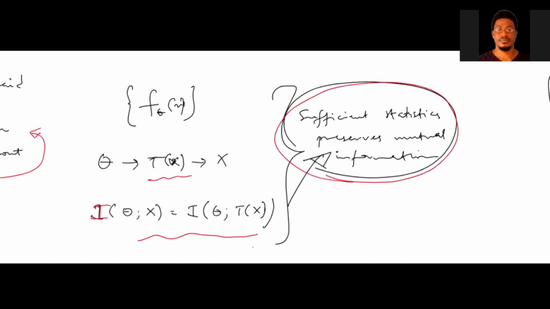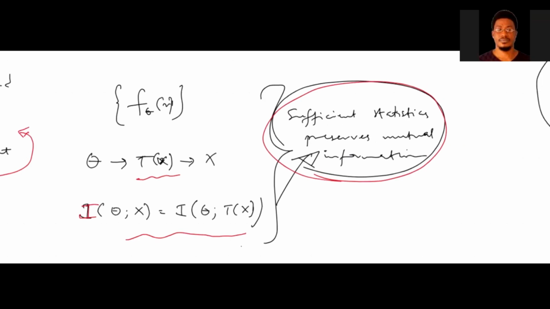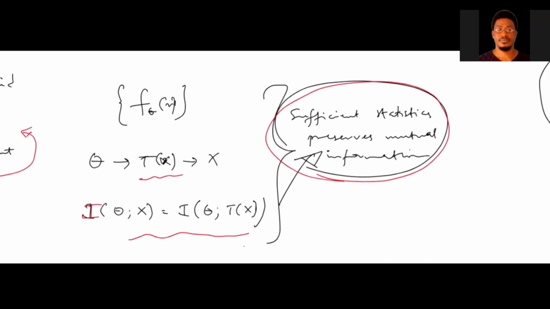So when you are talking about the preservation of information, whether you are considering privacy, security, transmission, signal processing, and all of that, then to ascertain the preservation of mutual information, you have to establish the idea of sufficient statistics.